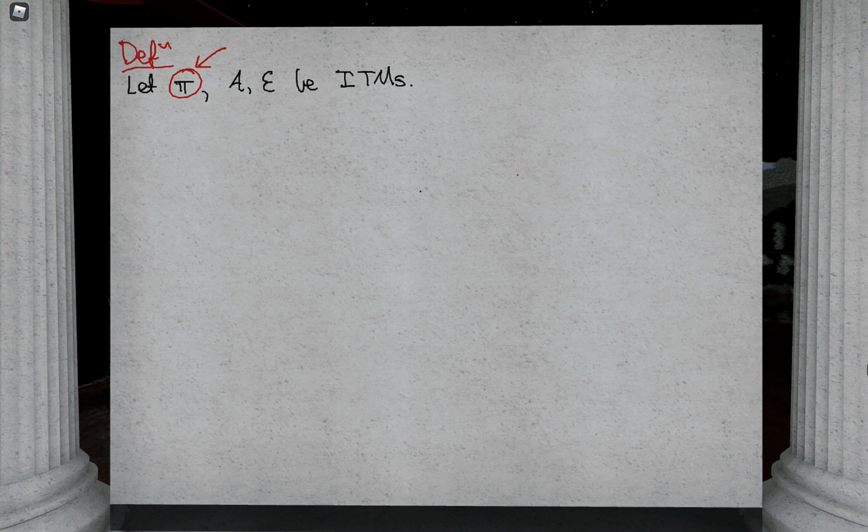So this is going to be somehow an initial party that will invoke the others. And then the A was the adversary, and the E was the environment.